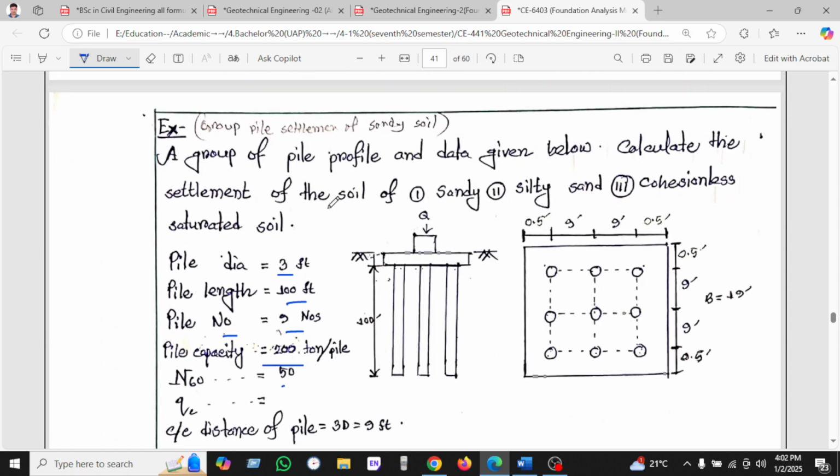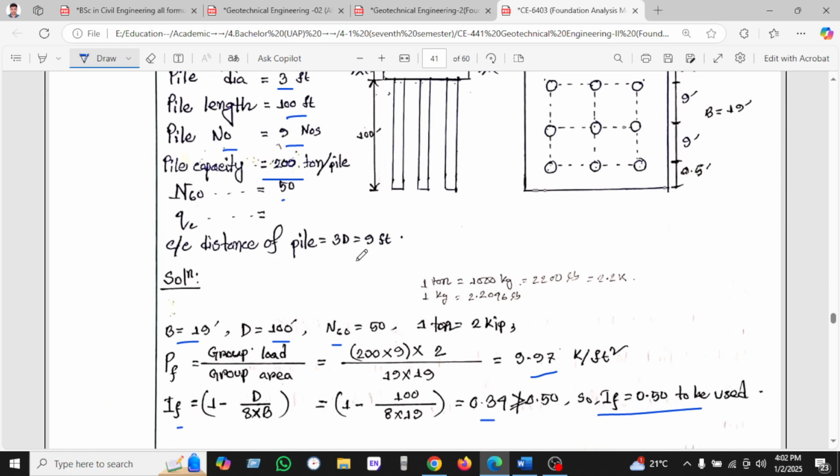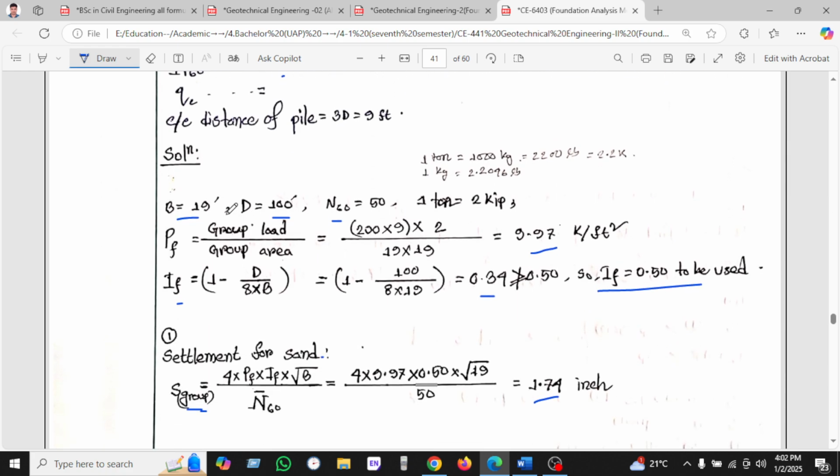This is a group pile, and the profile data is given below. Calculate the settlement of the soil for sand, for silty sand and for cohesionless saturated sand. We can see here the pile diameter is given as 3, pile length is 15, N60 is given, and the center to center distance of piles is 90. So B is given, and we have Pf equal to group load divided by group area.